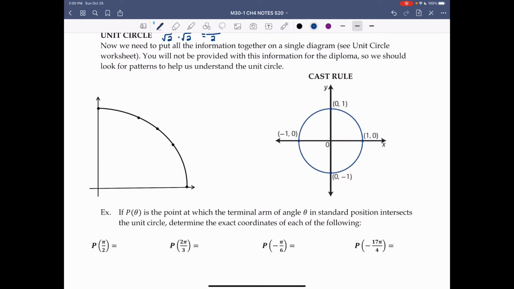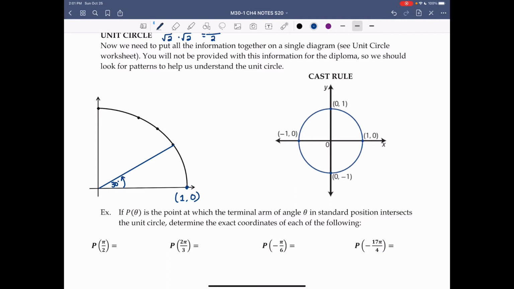So starting with a reference angle of 0, which is when our point is on the positive x-axis, the coordinate point would be x is positive 1 and y is 0. The next one, our smallest special angle that we talked about, was 30 degrees. So to this point is 30 degrees.